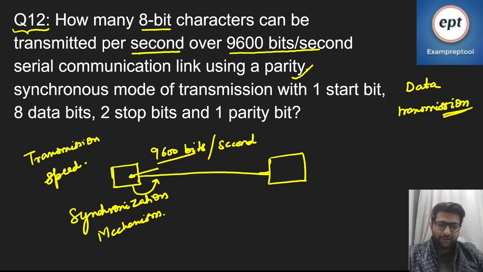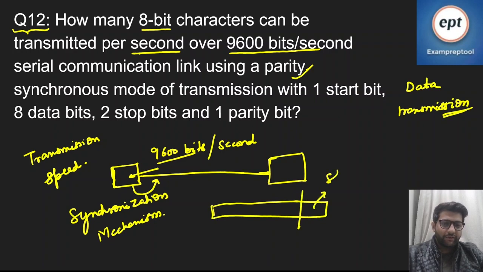If this interface starts a message, the receiving interface needs information that the message has started. So in a message format, initially there will be some start bit to inform the receiving interface that the message has started. After that, there will be the message or the character, and after that, there will be stop bits.